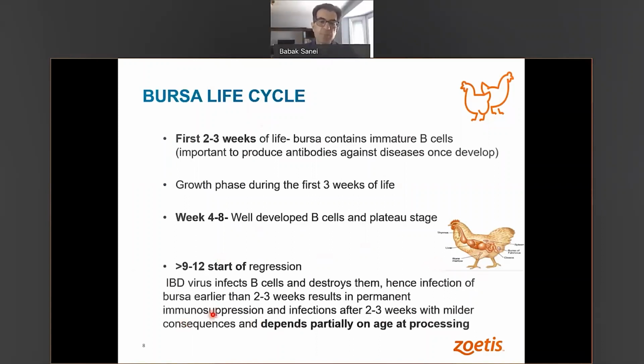As I said, if you go to 26-week-old layers, for example, it's hard to find the bursa in that bird because the job is done. So that's why in broilers, because the lifespan of that bird is about 6 to 7 weeks, depending on the type of bird you're raising, but roughly around 35 days of age, then really the most important immune tissue would be this bursa that would be affected by this virus.